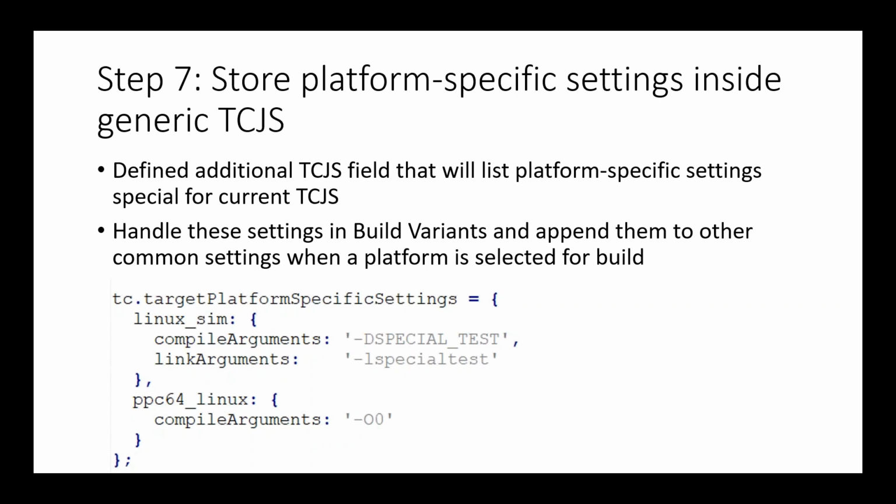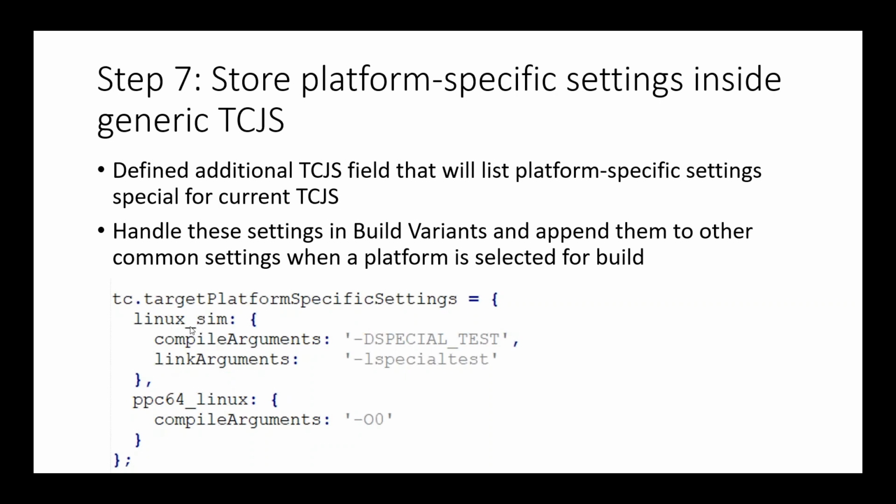And in that case, we have found a good solution, and we have used it, and it proved to work quite well. Having an additional field in the TC where we actually store, so if we have any special settings still left which are platform specific, then we store them in this section with platform specific settings.